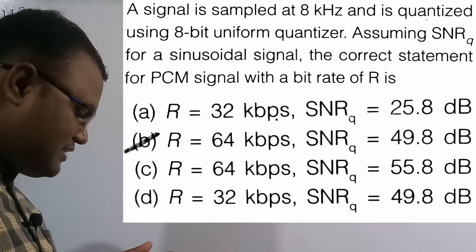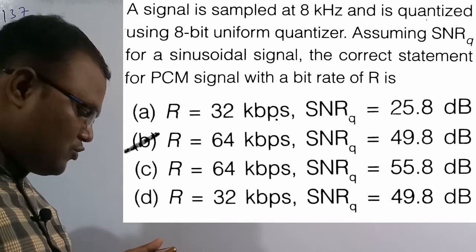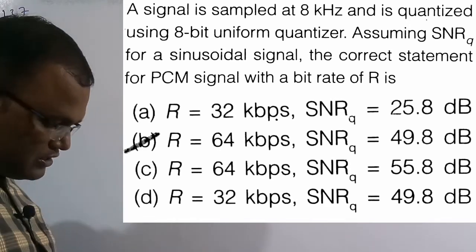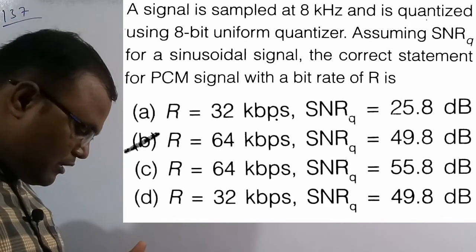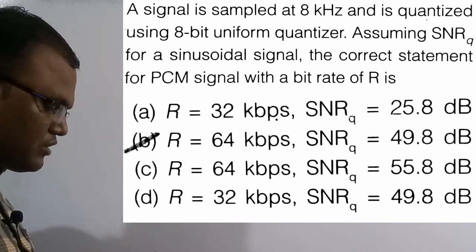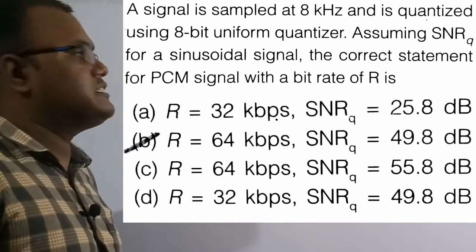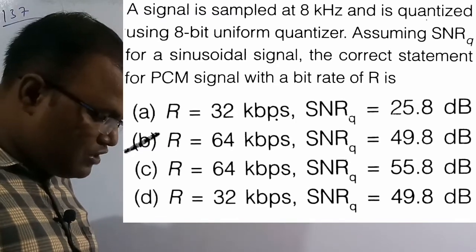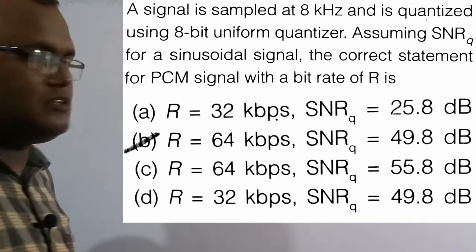We have to find the SNRq, and also the bit rate. Option B is the correct solution: the bit rate is 64 kbps and the signal power to quantization noise power is 49.8 dB. So let's solve this numerical.